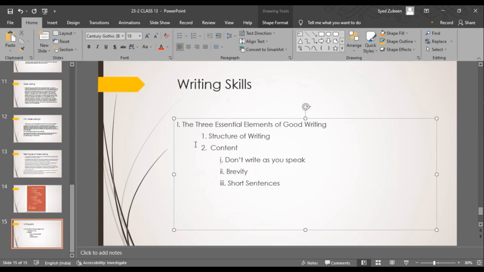So here we have used this particular form.